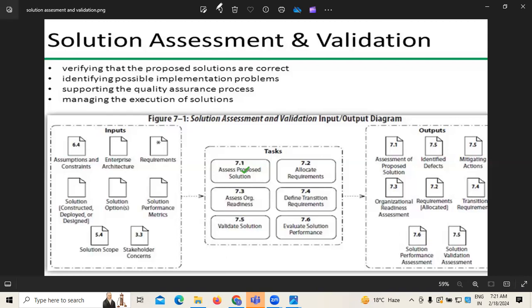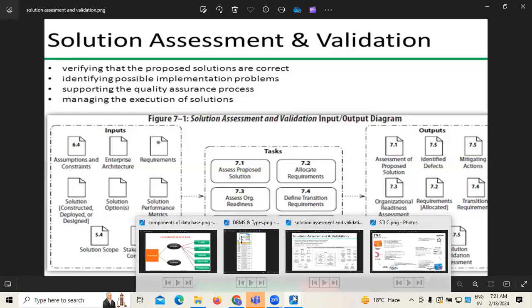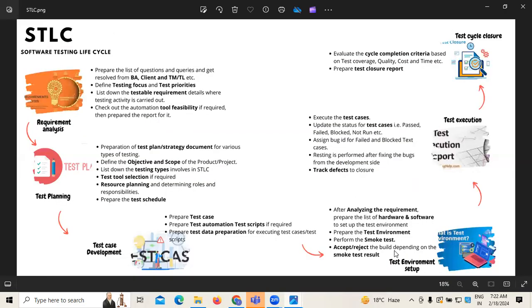Now, in context to solution assessment and validation, as I discussed epics, user stories, BRDs, SRS, UML diagrams, use cases, etc., it's always important for a business analyst to have knowledge of STLC, the software testing lifecycle.